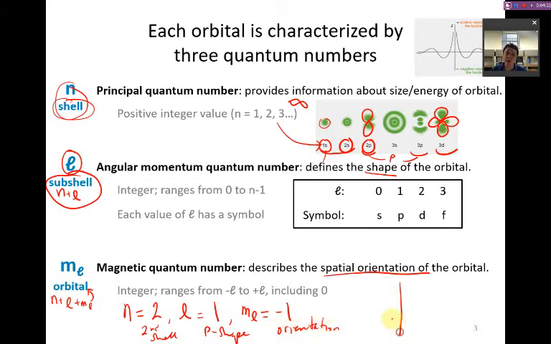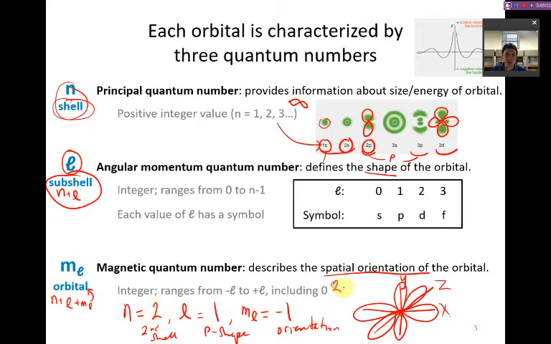So when we look at p-type orbitals, we can have them on the x, the y, or the z axis. And so you can have a p orbital like that, or like that. Each one of these orbitals corresponds to the same n and L combination.